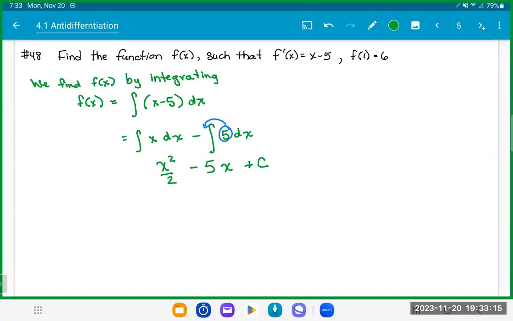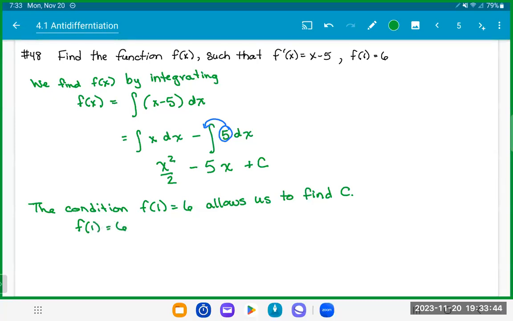Now we want to know where the condition is. So the condition f of 1 equals 6, okay? That allows us to find c. So f evaluated at 1 equals 6.